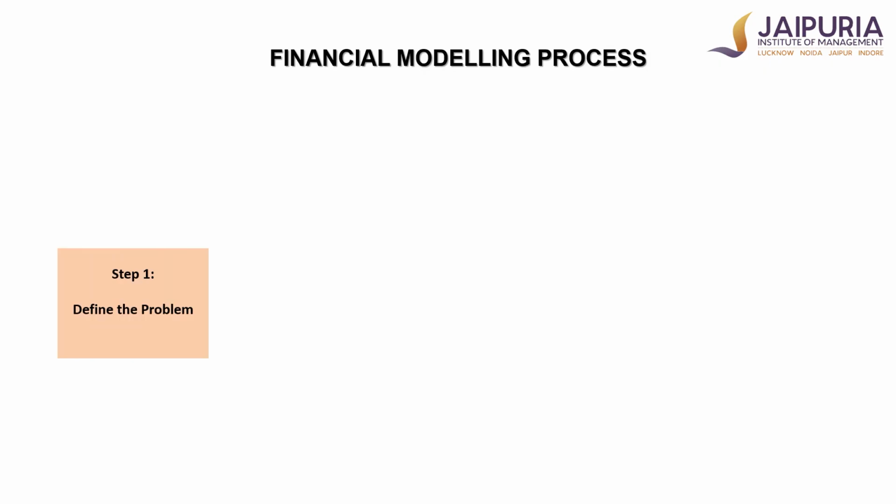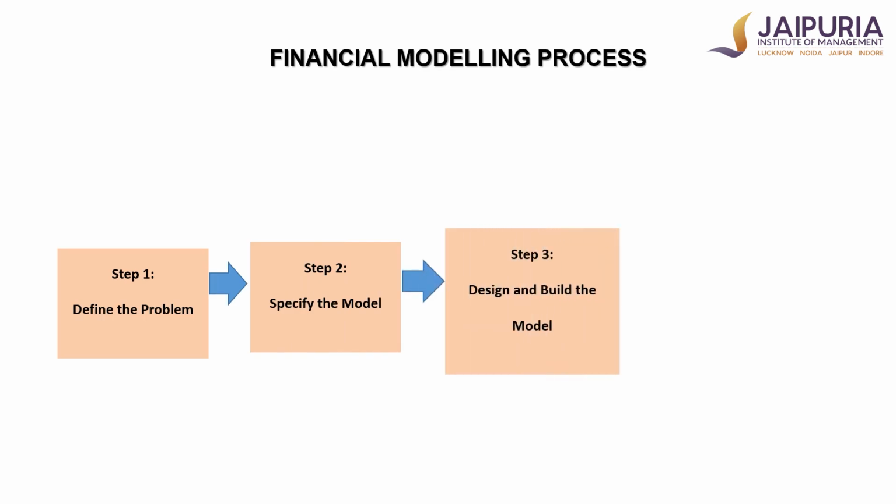Step number 1, and the most crucial step which any financial analyst or financial modeler has to have clear understanding about, is define a problem. Step number 2 is specify the model. Step number 3 is design and build the model. And step number 4 is check the model's output.